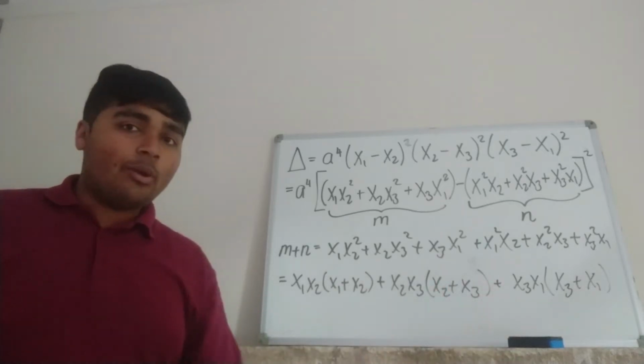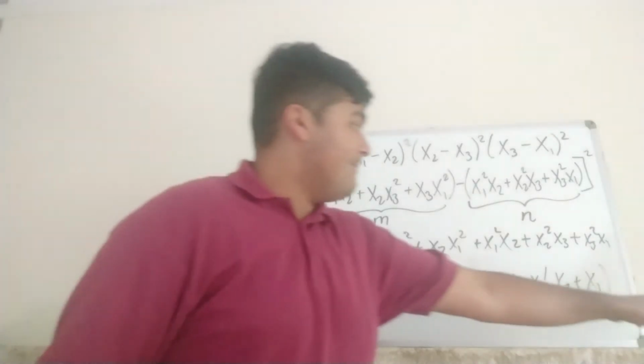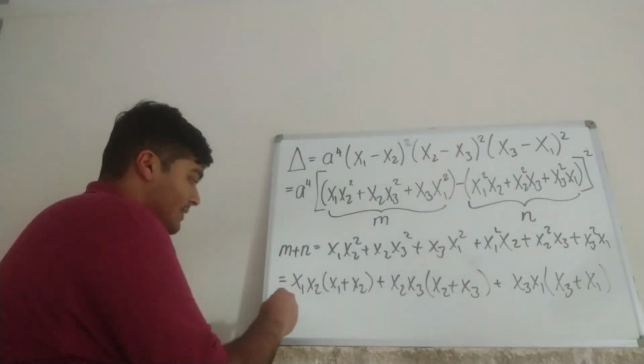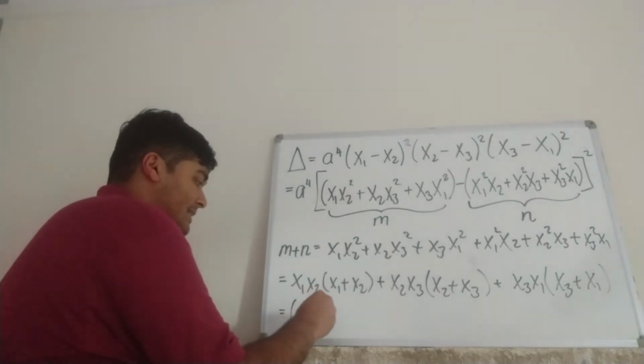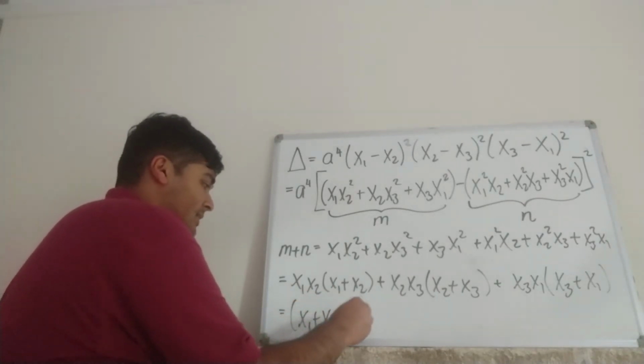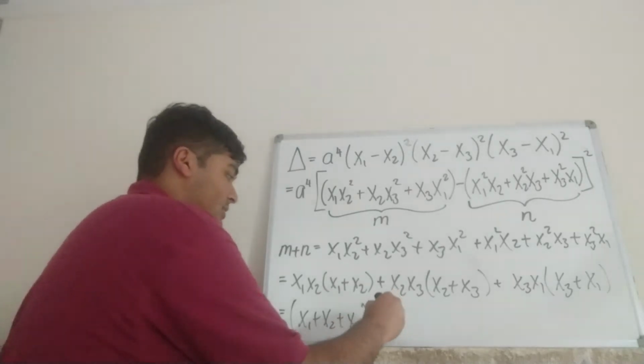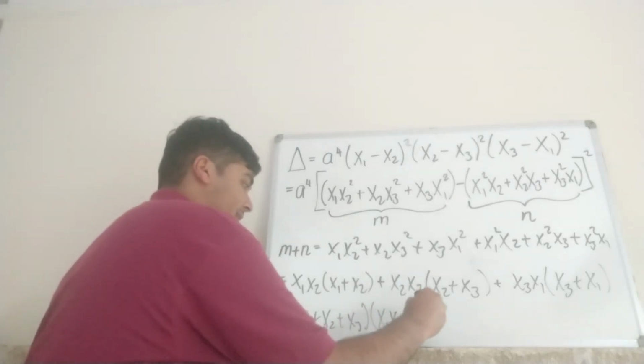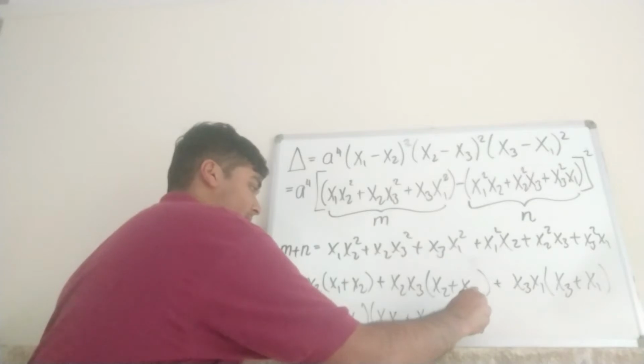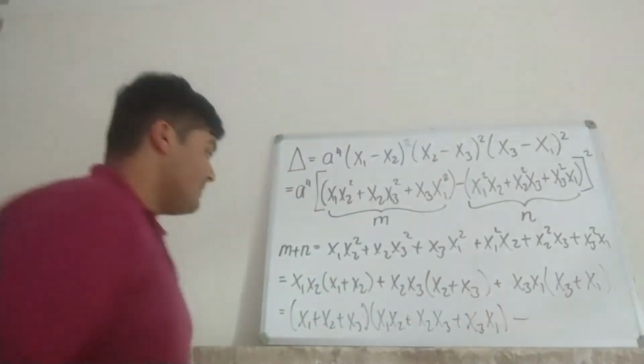And then we can go ahead and factor this once again. Notice that this is just (x1 plus x2 plus x3) times (x1 x2 plus x2 x3 plus x3 x1) minus something.